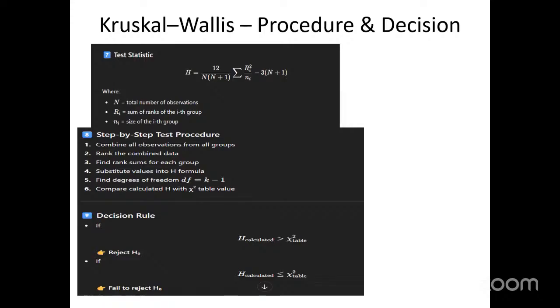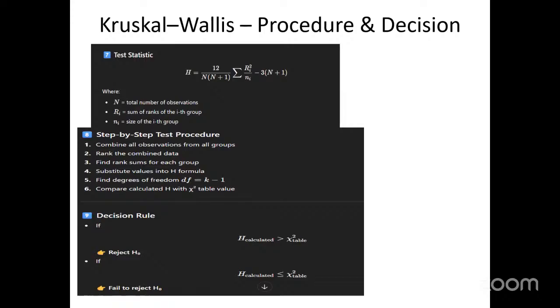In case of ANOVA we can use the group mean, but in case of Kruskal-Wallis we have to follow the group median. I have seen many published research papers, and some papers have been sent to me also, and I have suggested that please use the group median rather than the group mean.